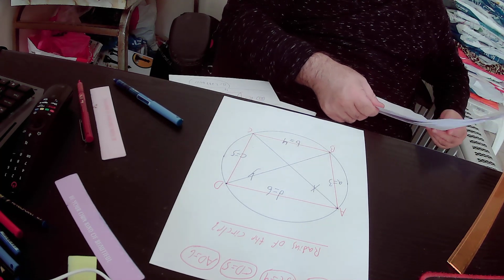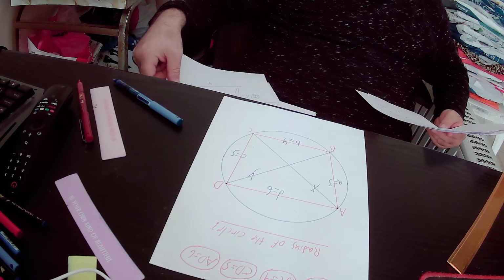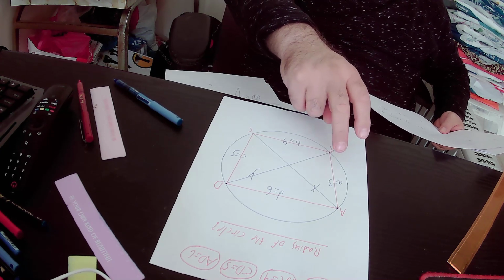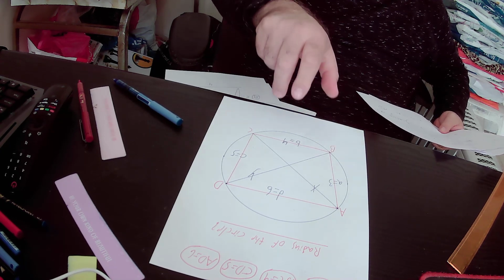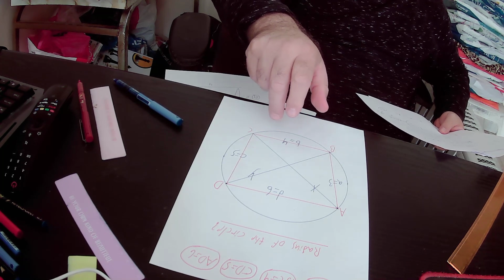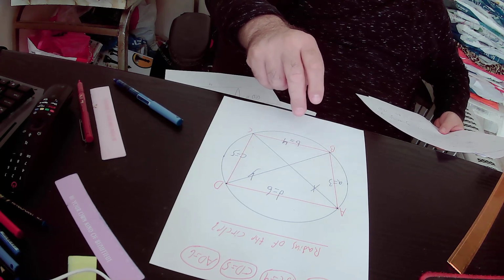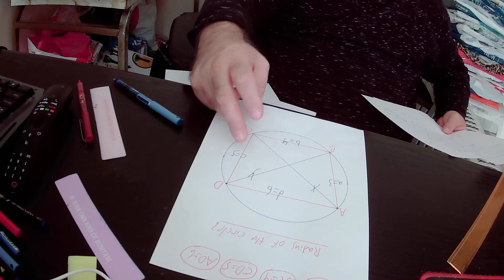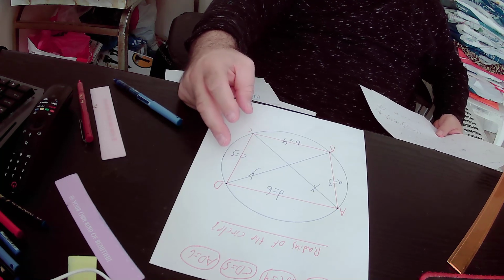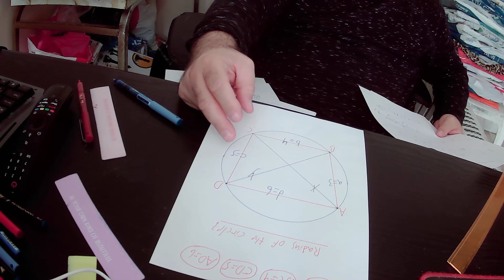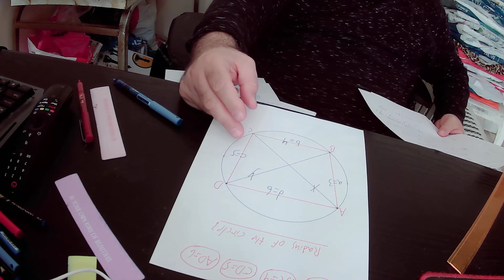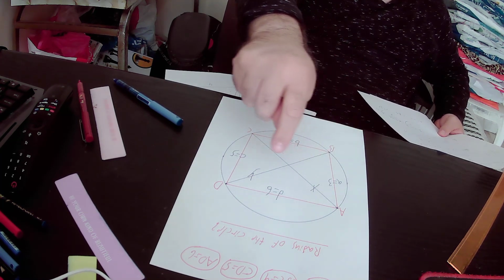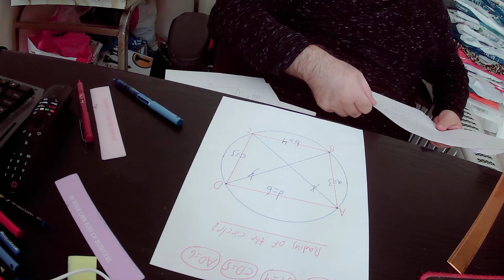and we know that side AB is 3 units, so we define side AB as A equals 3 units, side BC of quadrilateral ABCD equals 4 units, so we defined side BC as B, so therefore B will be equal to 4 units, side CD equals 5 units, so we define side CD as C, so C will be equal to 5 units, and side AD of quadrilateral ABCD equals 6 units, so we define side AD as D, and D will be equal to 6 units.